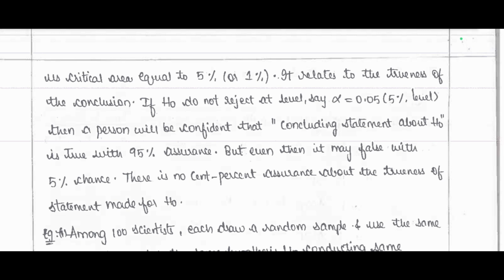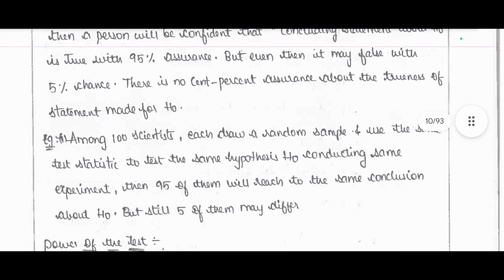There is no cent percent assurance about the trueness of the statement made for H naught. See one example. Among hundreds of scientists, each draws a random sample, uses the same test statistic to test the same hypothesis H naught, conducting the same experiment.